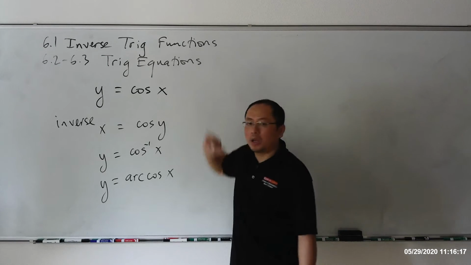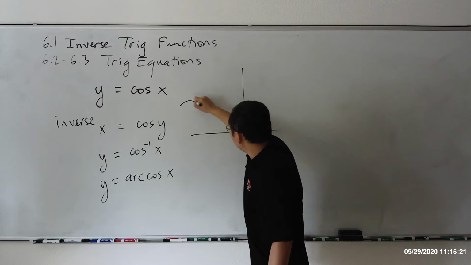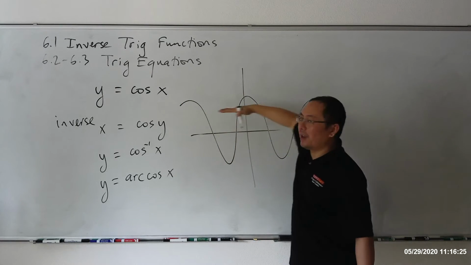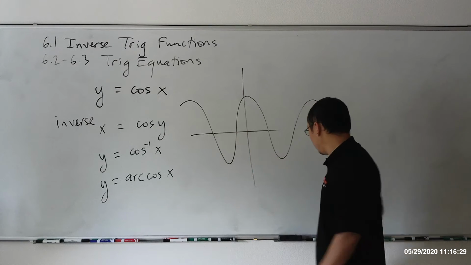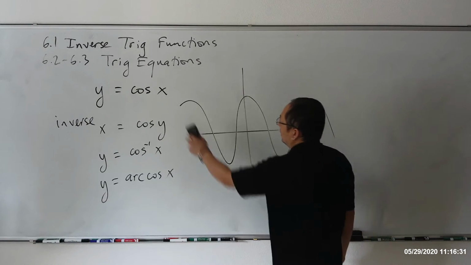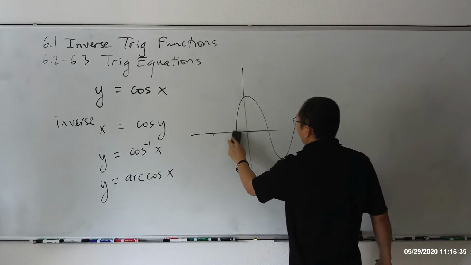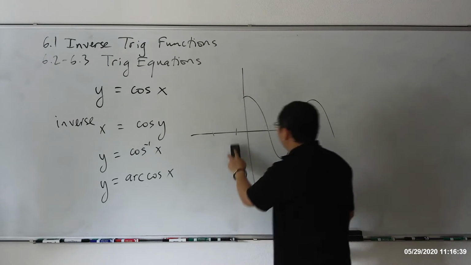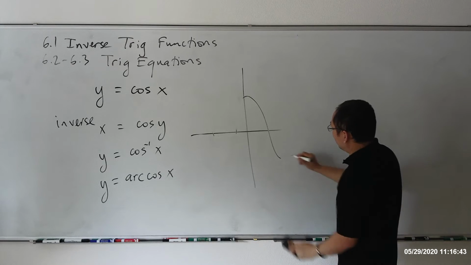However, the function y equal to cosine x is not actually 1-to-1. This function looks like this, so it fails the horizontal line test. It's not 1-to-1, so we have to restrict the domain of the original cosine function to make it 1-to-1. Instead of having the entire domain from negative to positive infinity, we restrict it to just 0 to pi.